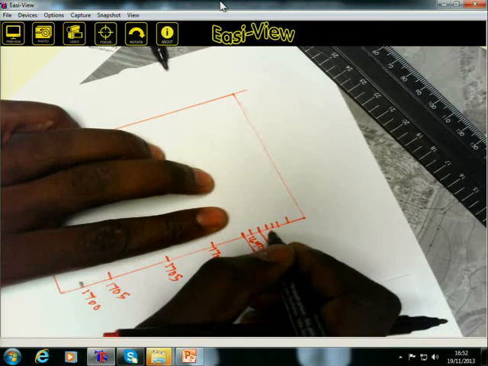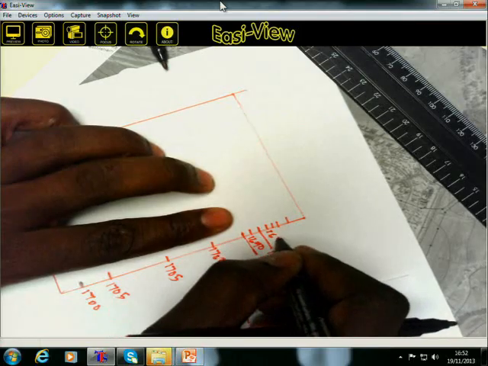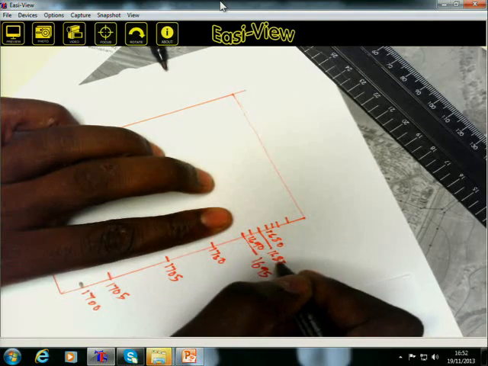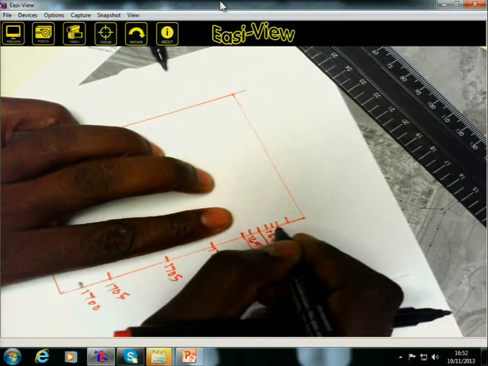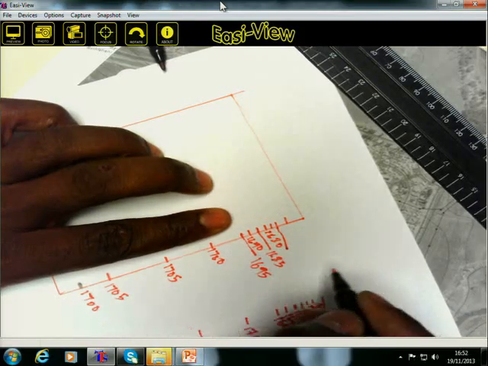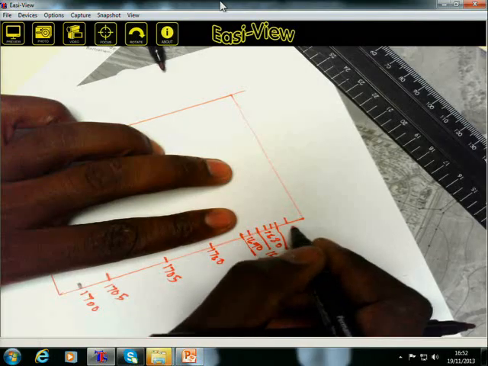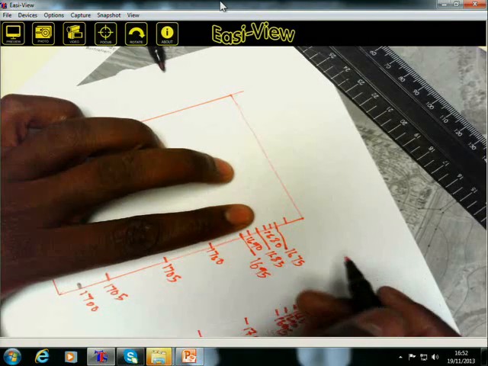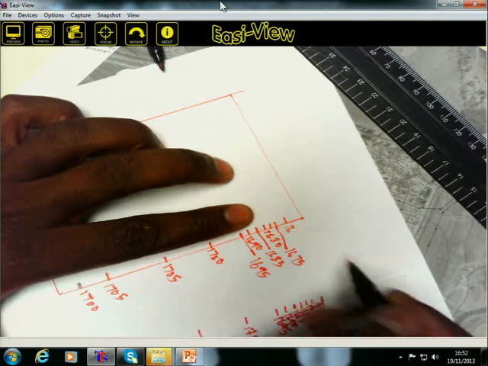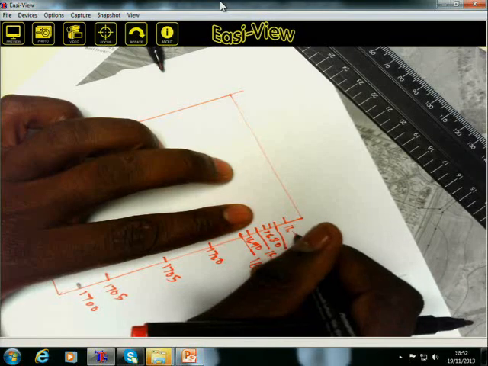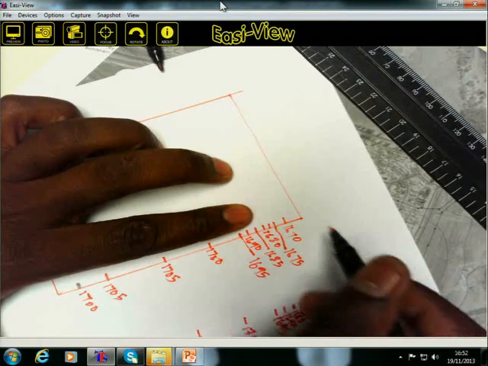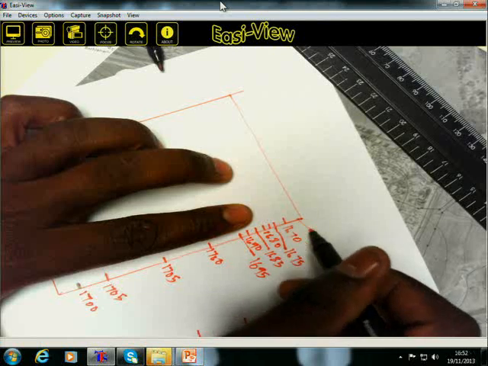Then this one will be shorter, 1680, 85, 90, 95. Then the next one will be a little bit longer, which will be 1675. And then this one will be 1670. And then you have your 3 there.